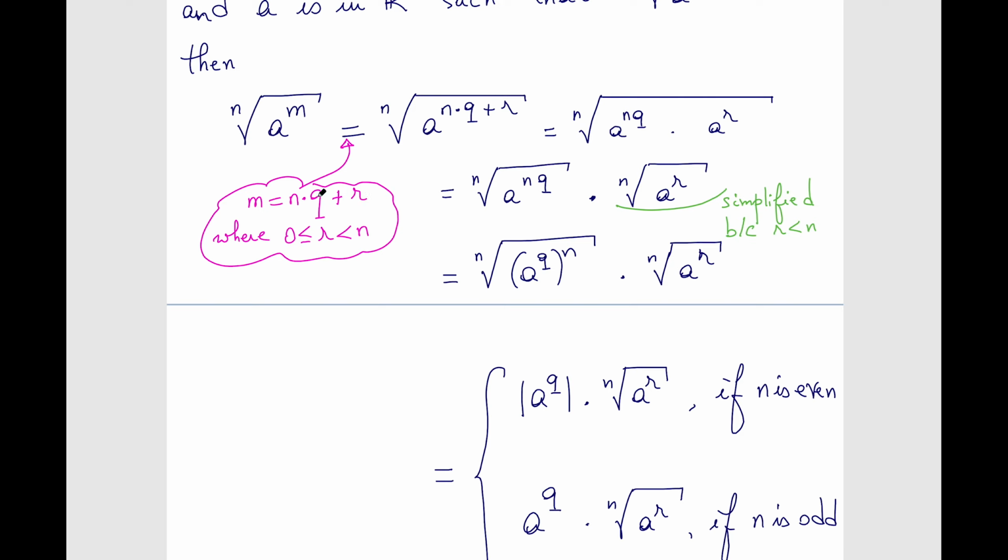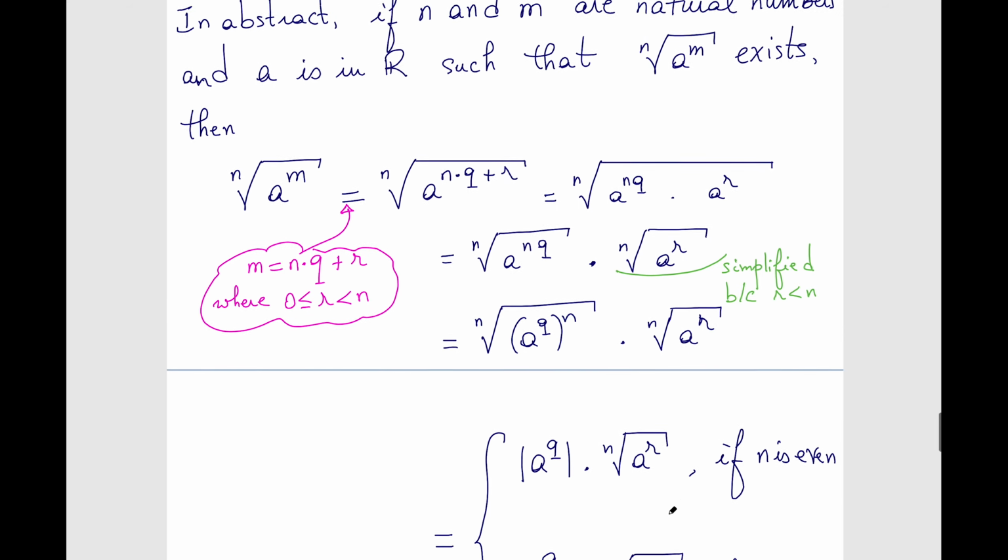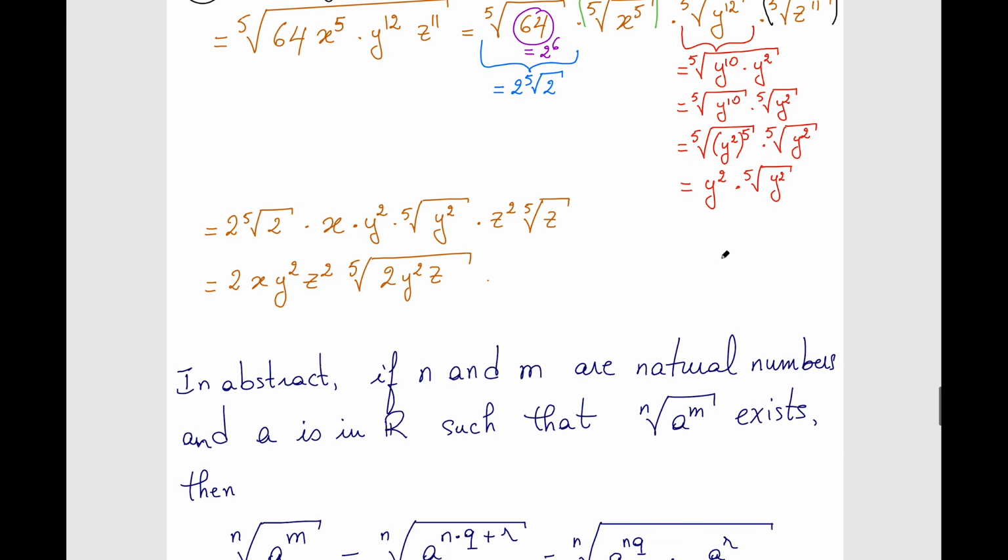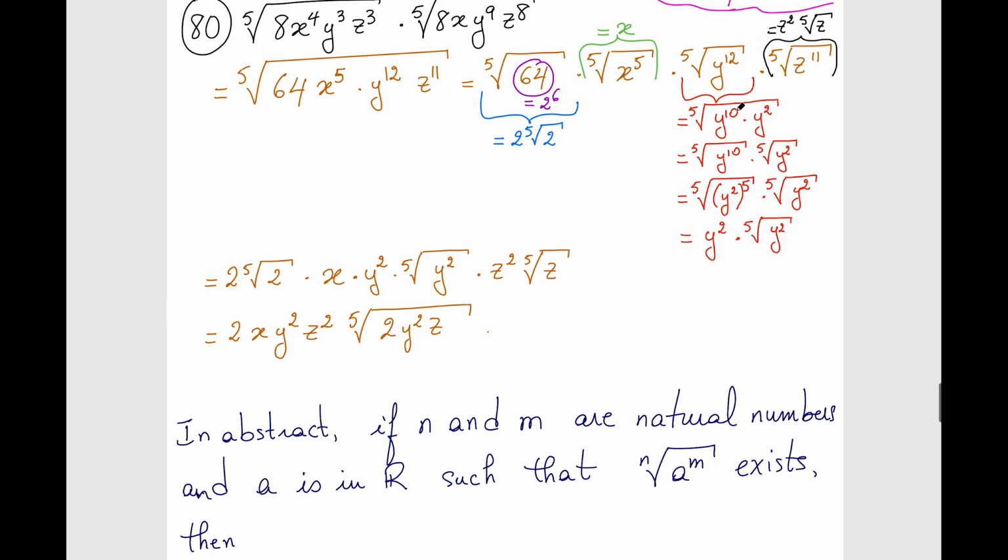The remainder is 2 and the quotient is 2. So q is 2, and here 5 is odd, right? So we get a to the power 2 times the fifth root of a to power 2, right? That's exactly what we got here, and so on and so forth.